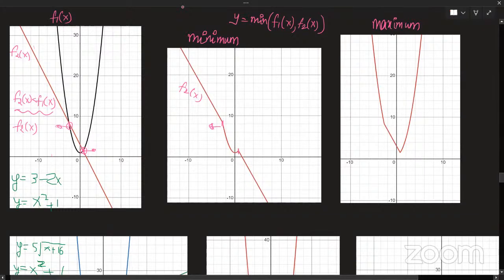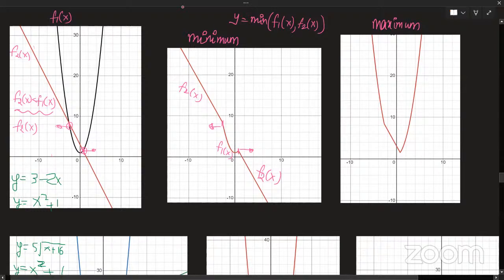Between these two intersection points, my black curve is lesser, it is below on the y-axis. So it has chosen f1 of x. And to the right, it has again chosen f2 of x.